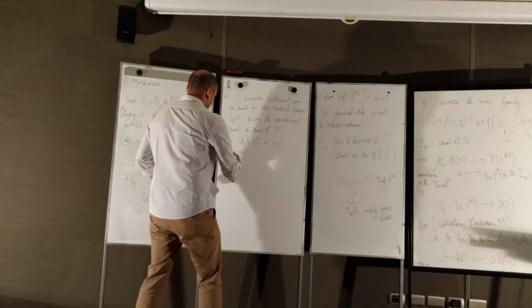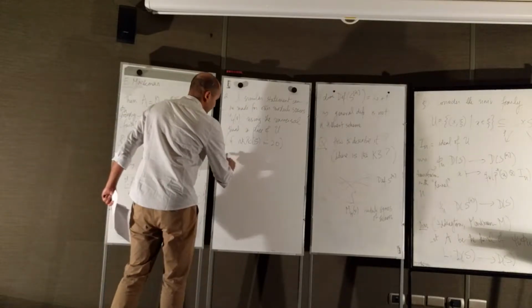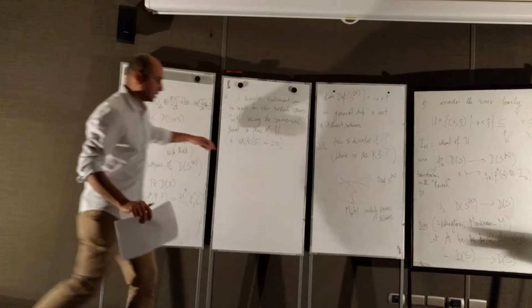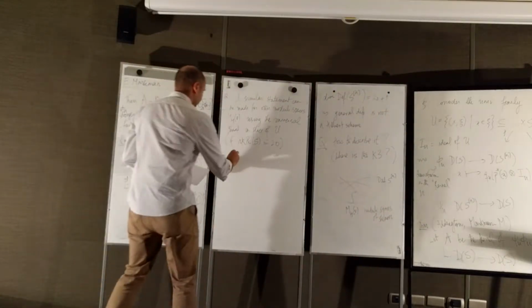And so hopefully more about this. And finally, of course, when the dimension is 2, this functor happens to be an equivalence. This is a result of Mukai.